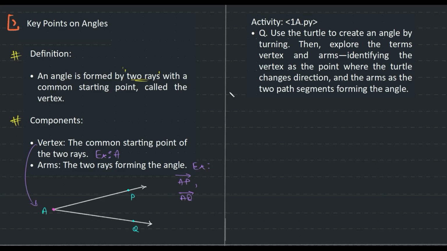Okay, got it? Now let's try getting used to the idea of an angle with the help of our game. So we have the turtle again. We are looking at using the turtle to create an angle by turning, then explore the terms vertex and arm: identify the vertex at the point where the turtle changes direction and the arms as the two path segments forming the angle.